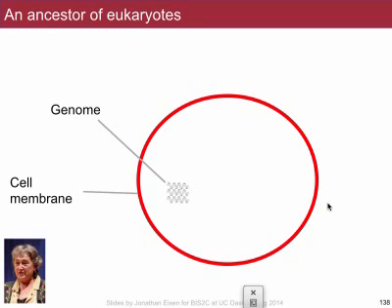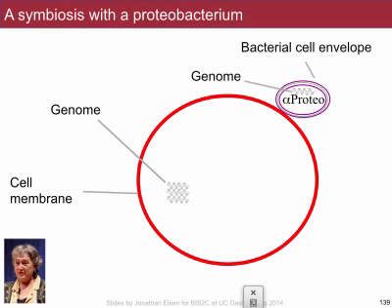It's unclear if it had a nucleus then or if it evolved a nucleus later. Let's propose that it didn't have a nucleus yet, but it has its own genome and its own cell membrane. And this organism evolved symbiosis, an interaction with a bacterium. It's a particular type of bacteria called proteobacteria. We'll come back to that in the next few lectures. You don't need to worry about that now.